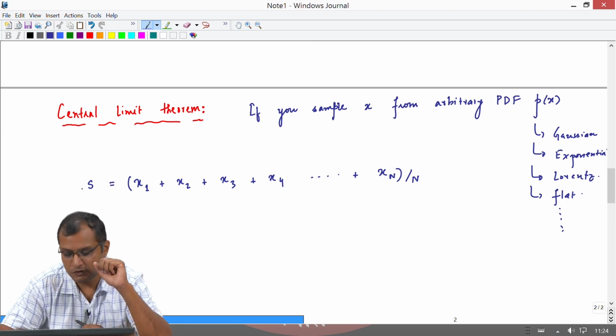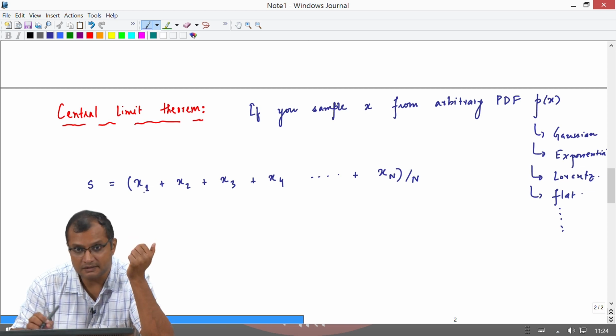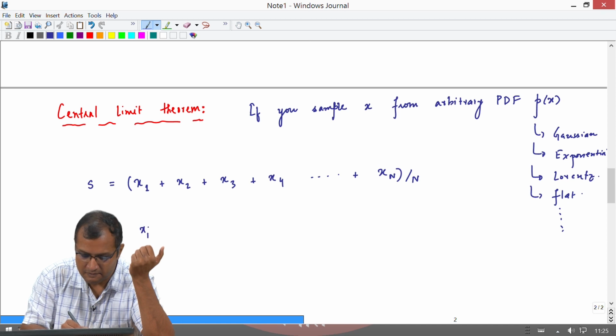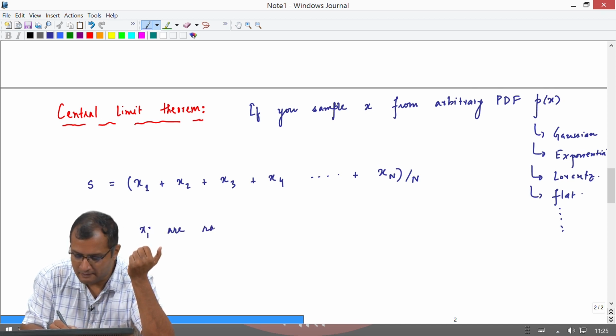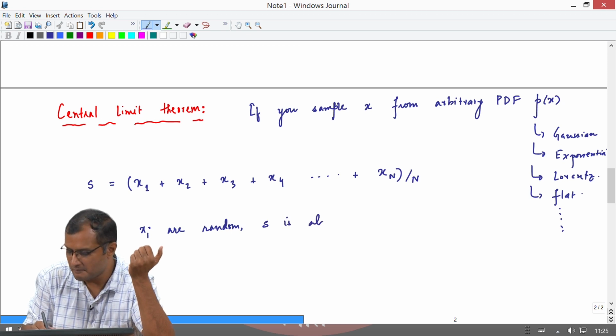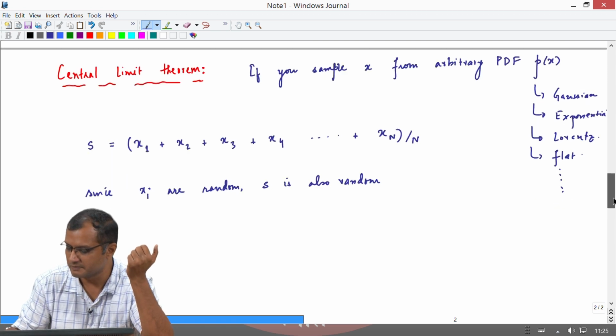Okay. So, since all of them, x1 to xn, were random in nature, s is also random. The sum of random variables is also a random variable.